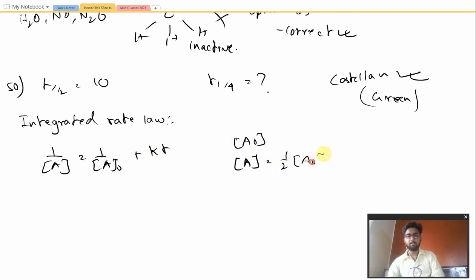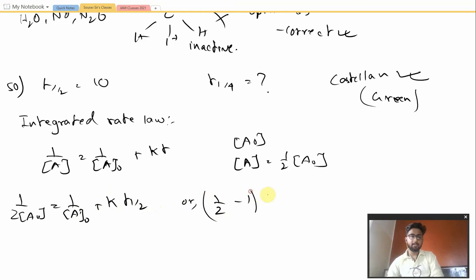So A would be equal to half of A naught when T is equal to T half. So 1 by (A naught by 2) is equal to 1 by A naught plus K T half. Taking both sides common, we have (2 minus 1) into 1 by A naught is equal to K T half.